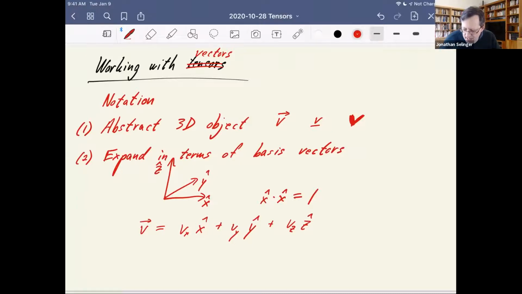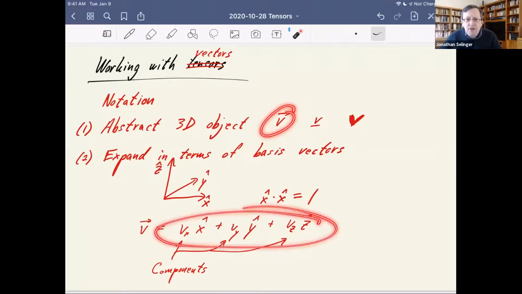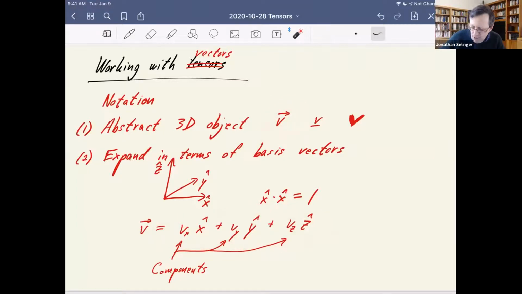And then these coefficients are called the components of the vector in the XYZ coordinate system. Okay, so this is a perfectly good way of writing the abstract vector v, right? This means the same thing as that. They're two equivalent representations of the same object.